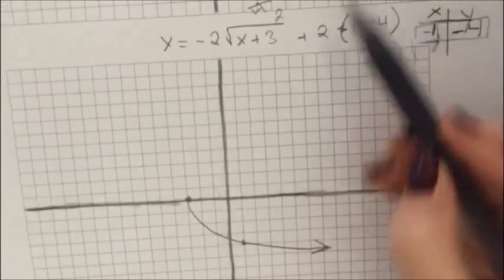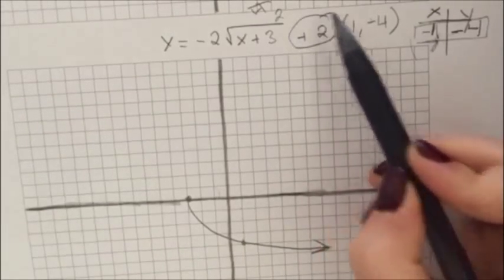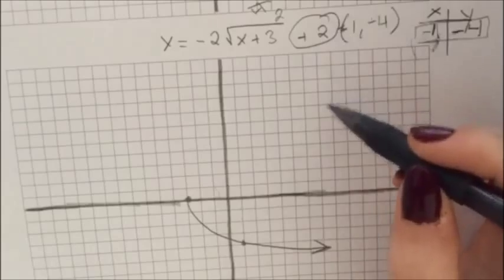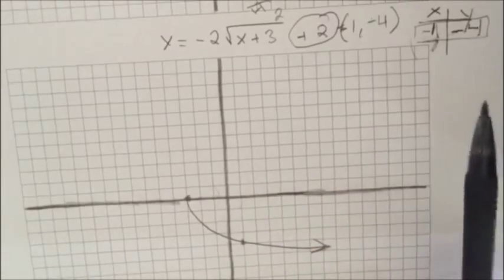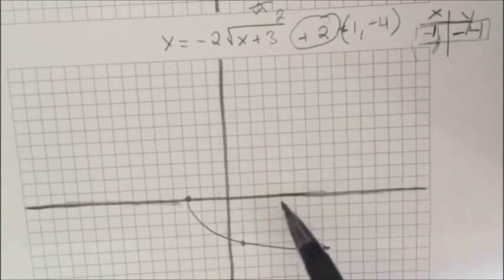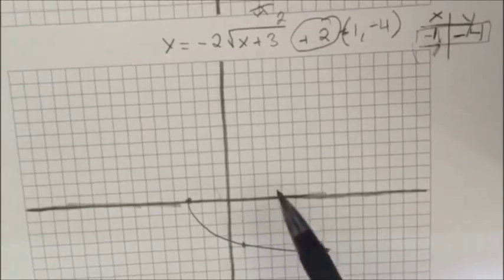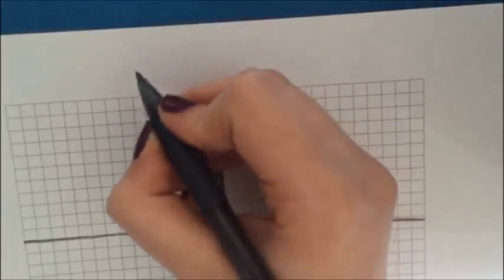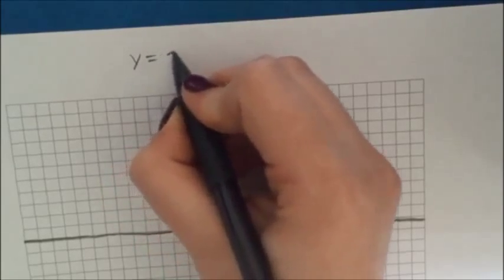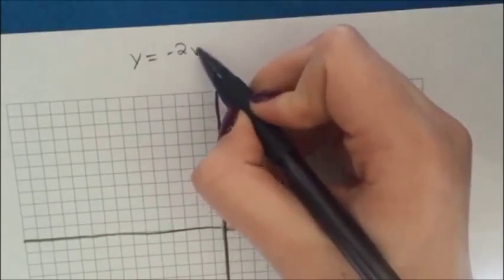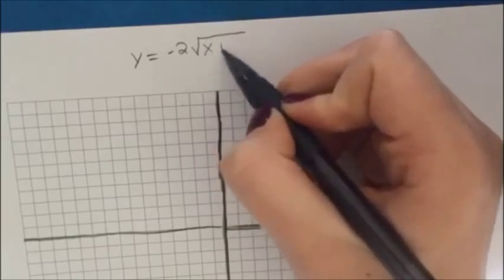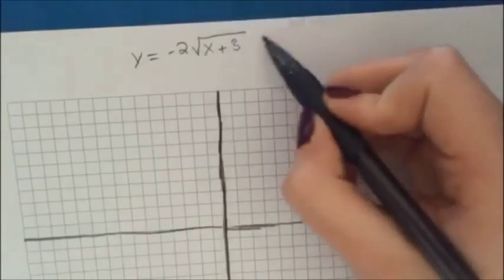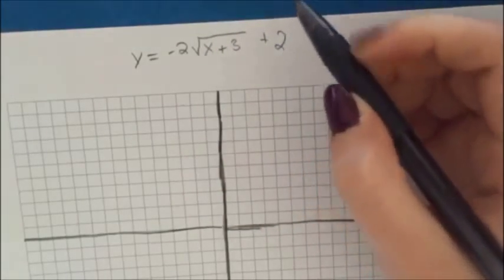And last but not least, we have to take into account this, which causes the y component of every point in this graph to shift up 2. So if we move to a different graph, the equation is y is equal to negative 2 times the square root of x plus 3, and then plus 2.